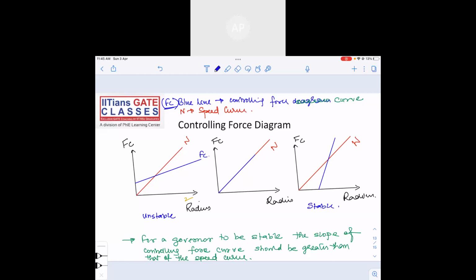This is isochronous. If the slope of the N curve and the controlling force curve is the same, it is isochronous. If the slope of the FC curve, the controlling force curve, is greater than the speed curve, then it is a stable governor. Otherwise, it is an unstable governor.